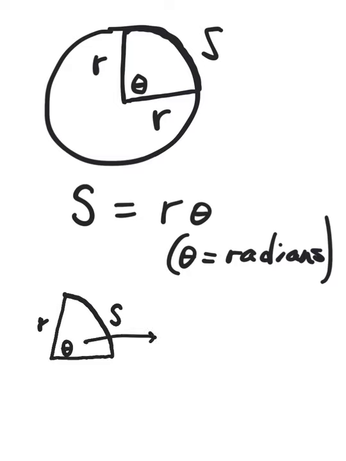The area of that sector can be found using 1/2 times the radius squared times your central angle. And that angle will also have to be in radians. If it's given in degrees, just use the conversions from our first video and convert your angle from degrees to radians.